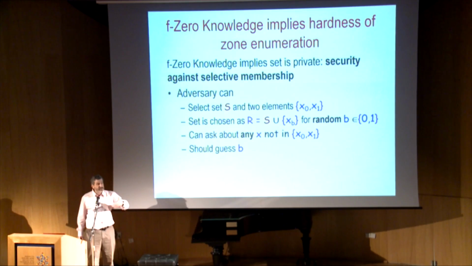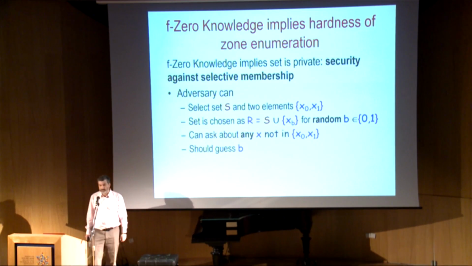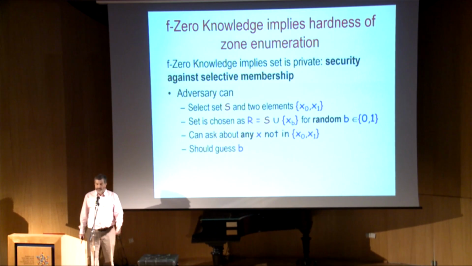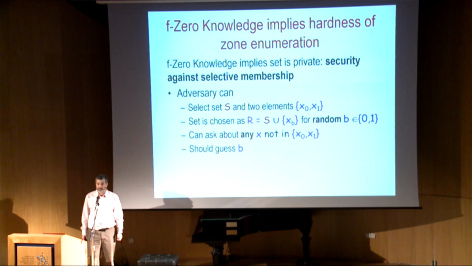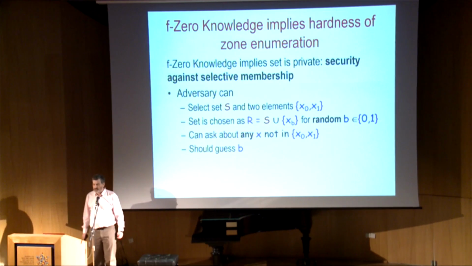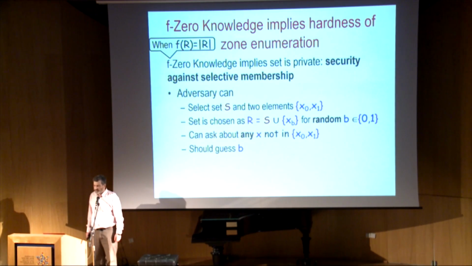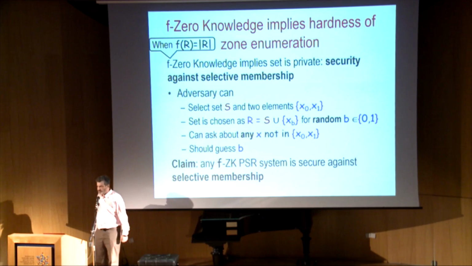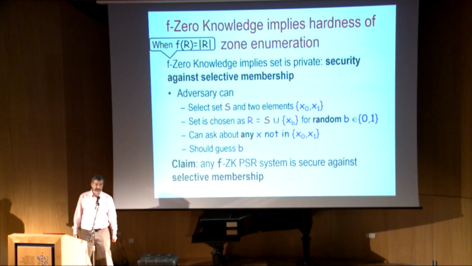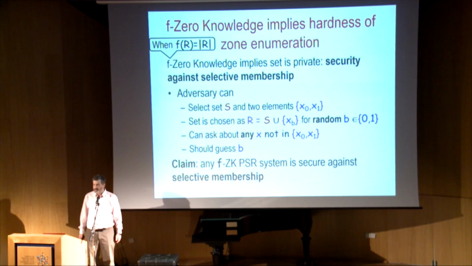And then the adversary can ask about any X that is not X0 or X1, and then he should guess which one is in the set or not. And it's not hard to believe, and it's not hard to show that even if you know the size of the set, any F0 knowledge PSR system is secure against selective membership. Okay.